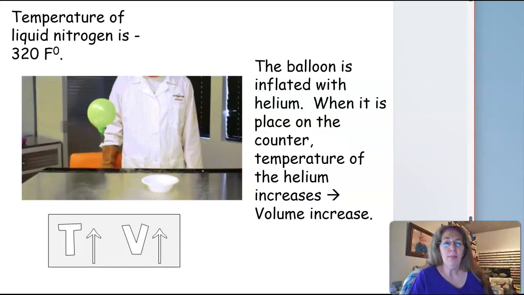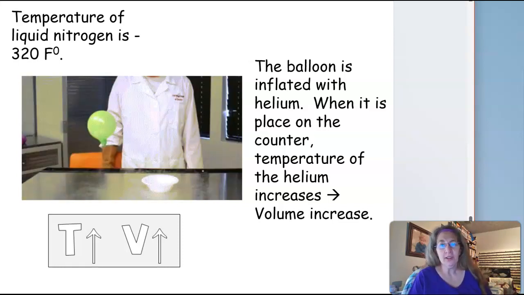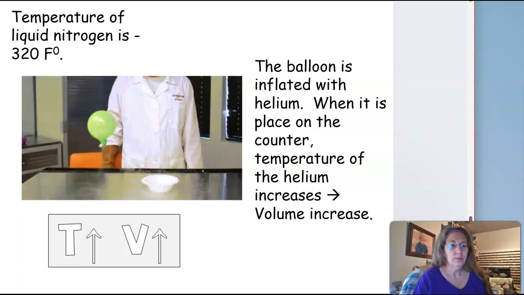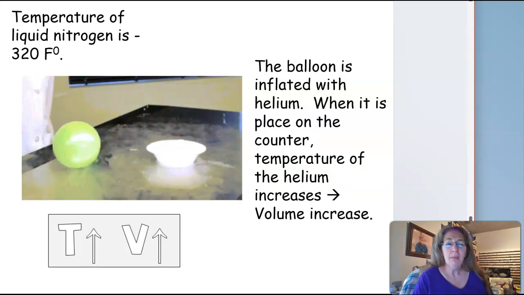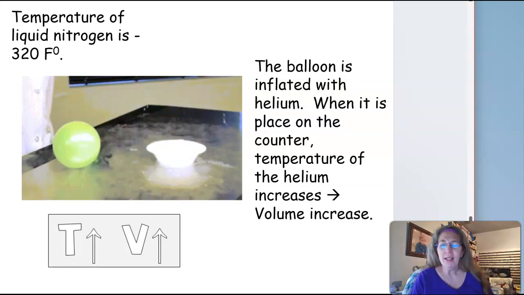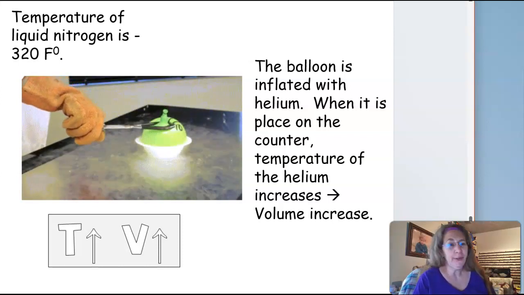So if we decrease the temperature, we decrease the volume. The balloon gets smaller. When the balloon is put on the table, the molecules of helium within the balloon heat up, expand, and inflate the balloon.